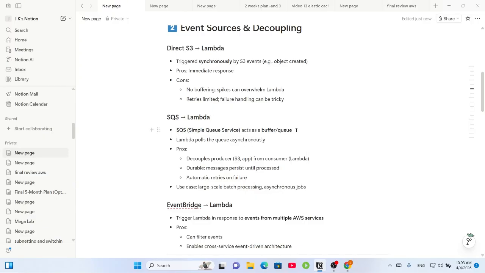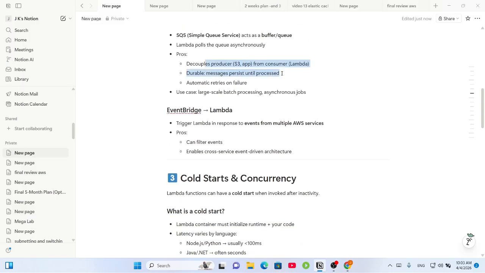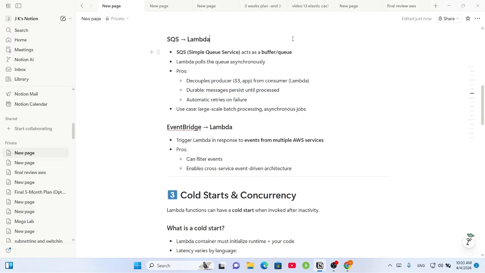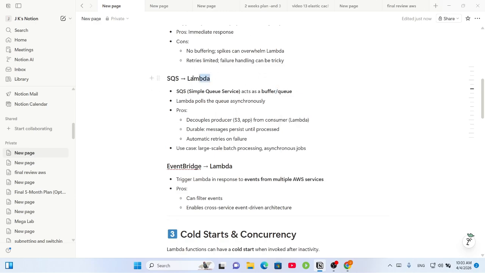With SQS to Lambda, SQS acts as a buffer queue. SQS is just a queue basically.